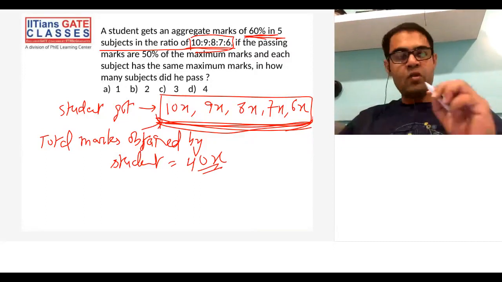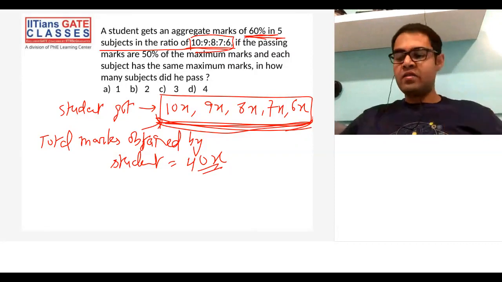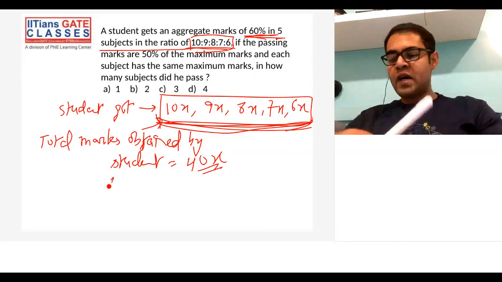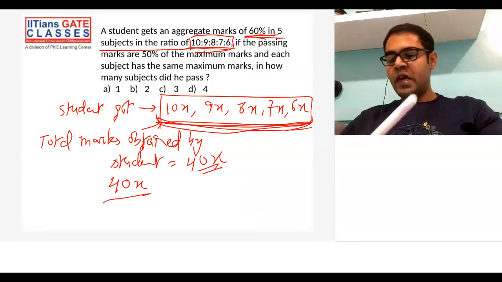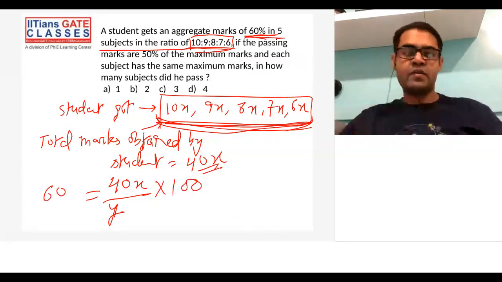Now please understand this equation when I write it. We have done this a lot of times in school, trying to find our percentages. So marks obtained by total marks, let's say total marks are y, into 100 is equal to 60%, which is given to you.